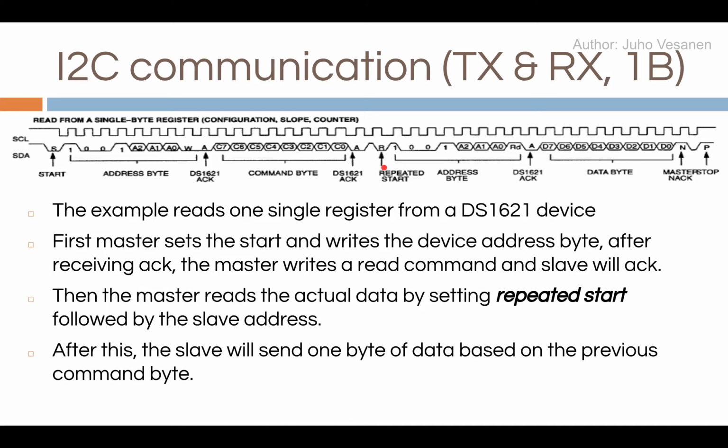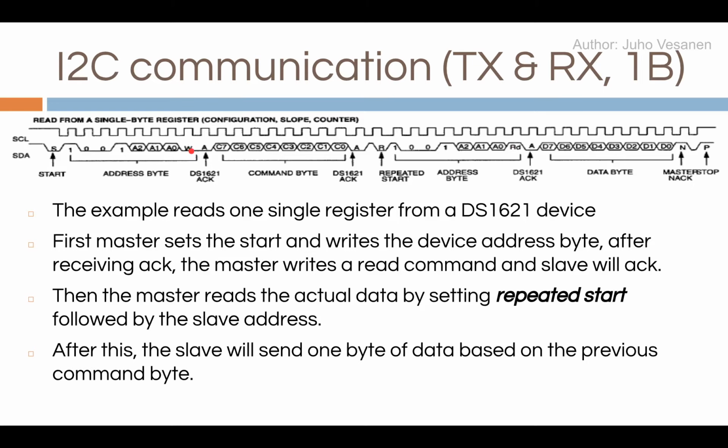If after a write transmission you actually get a read transmission, you must first make a repeated start, which means that the devices will be waiting for the address, the same address but with the read bit.